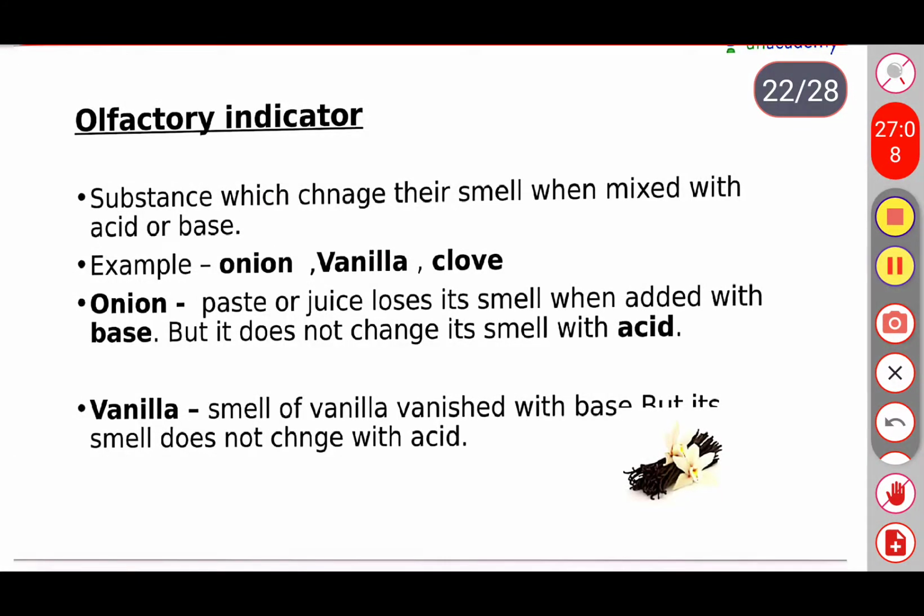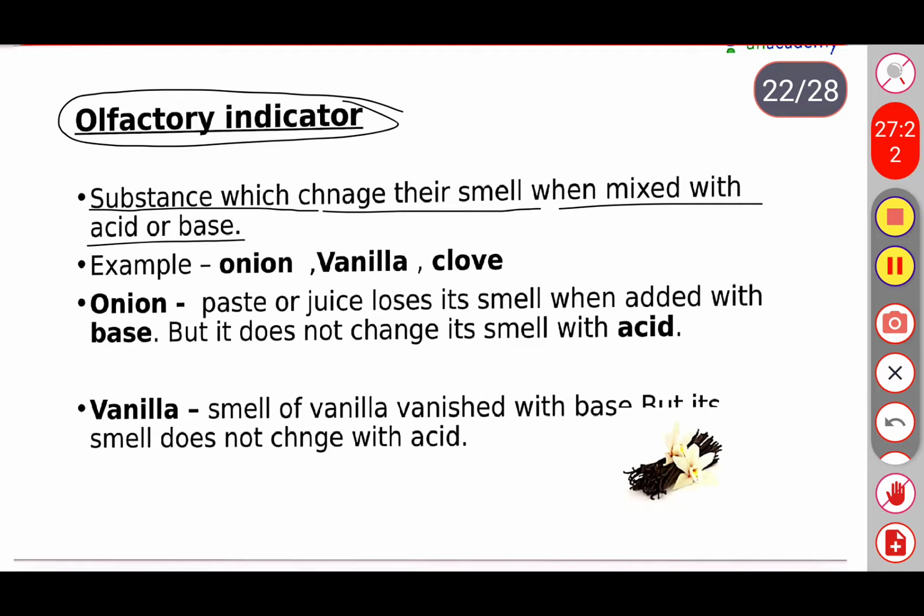Substances which change their smell when mixed with acid or base, we consider them olfactory indicators. So examples of these olfactory indicators are onion, vanilla and clove.